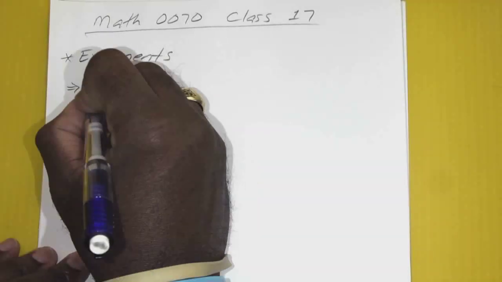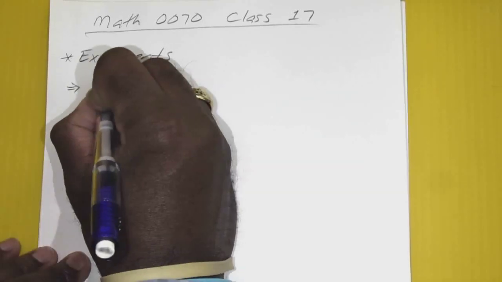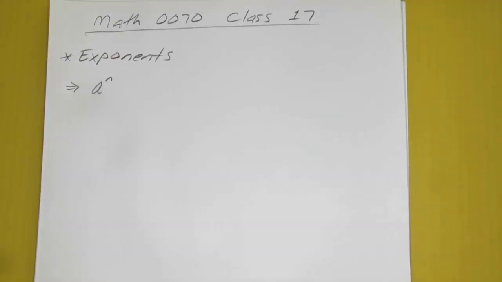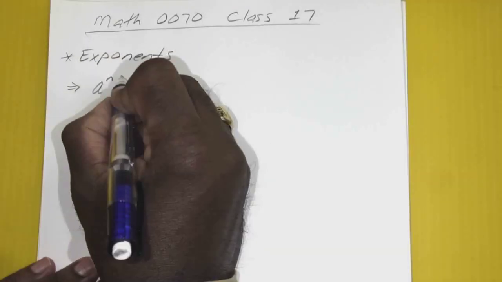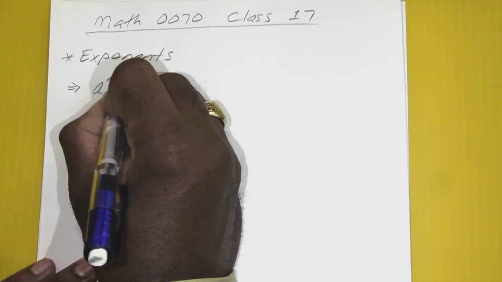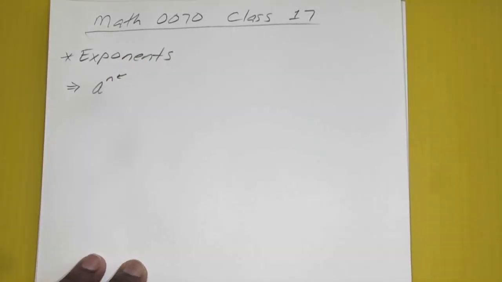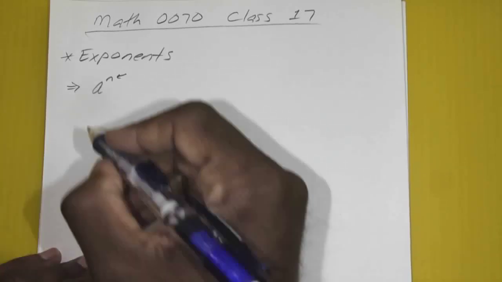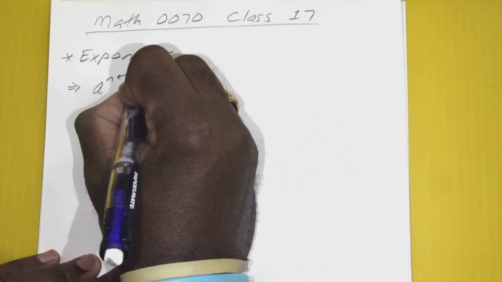Let's say if you had a to the nth power. That n up there is your exponent.